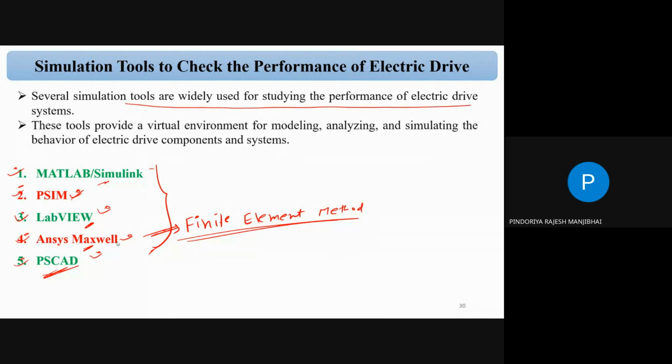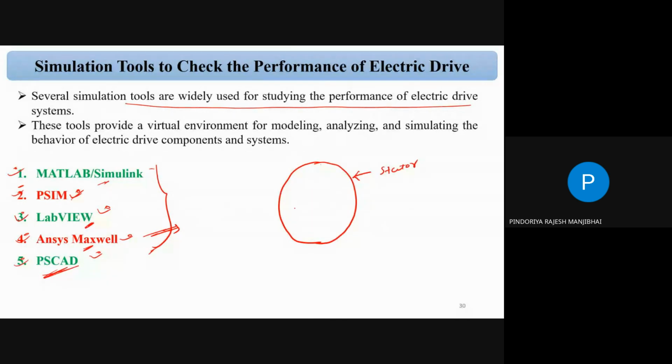Finite element method means, suppose this is your stator, correct? And we have a slot.